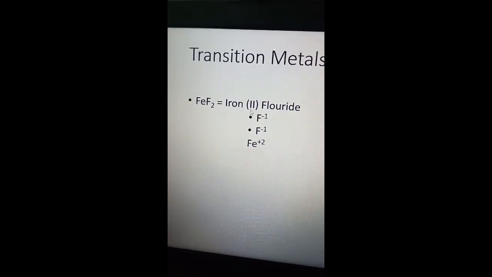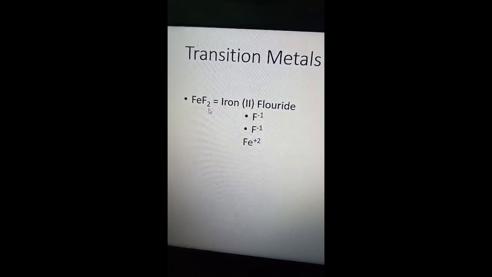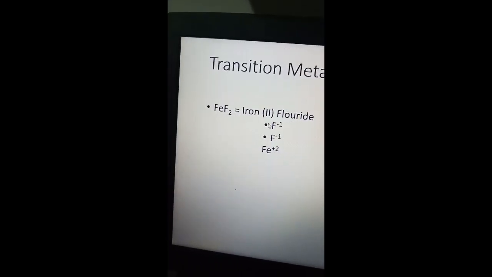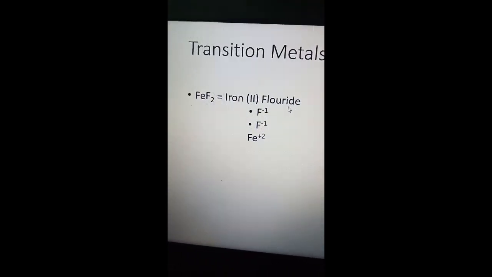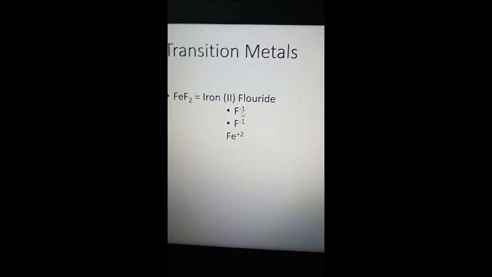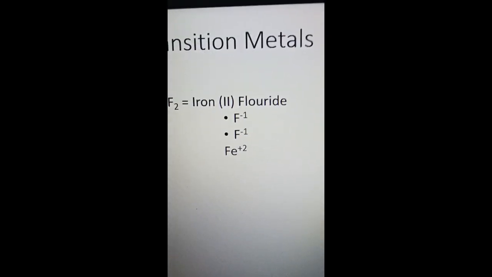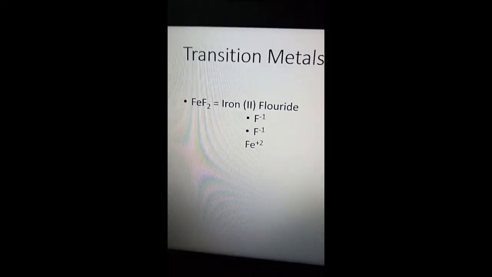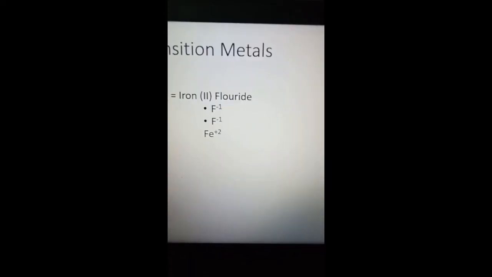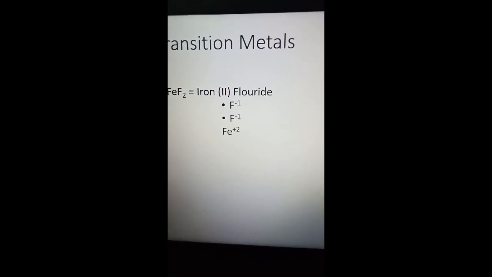The reason it has the Roman numeral 2 is because there are two fluorine atoms, and because fluorine has an oxidation charge of -1, we need an iron atom with a +2 oxidation charge in order to neutralize the fluorine atoms.